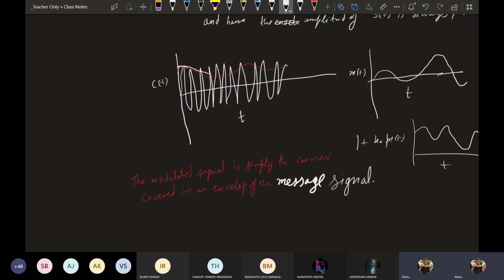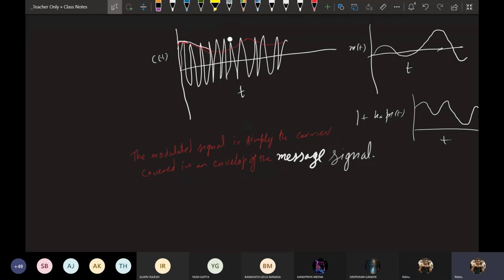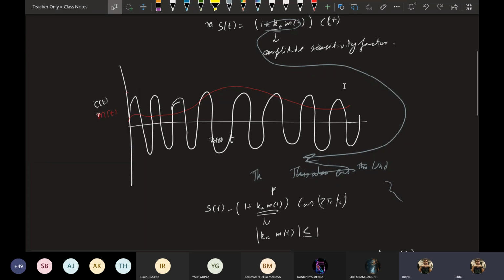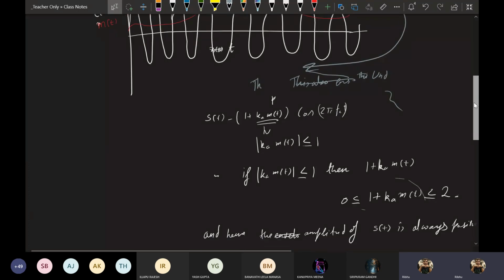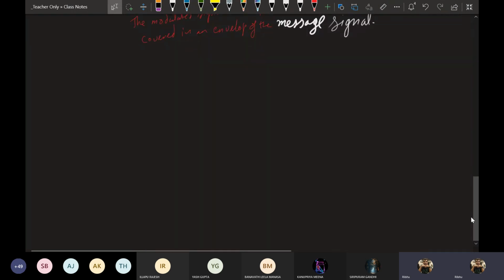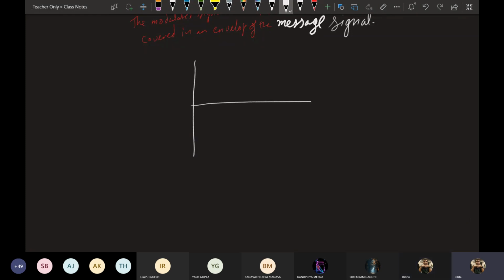So any problems with this till now? Sir, can you repeat what will be the envelope? Yash, the envelope will be, so I'll draw it again. Somehow the touch here isn't working as well as it used to. Maybe this thing needs a restart. So I'm having some trouble scrolling. See, this is the carrier.